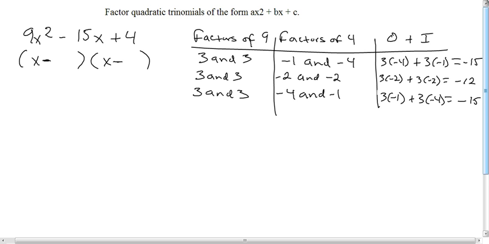Okay, negative 15 for both. So I wonder what that's telling us. That we can literally put either one. What that's telling us is that we can use 3 and 3 for our factors.